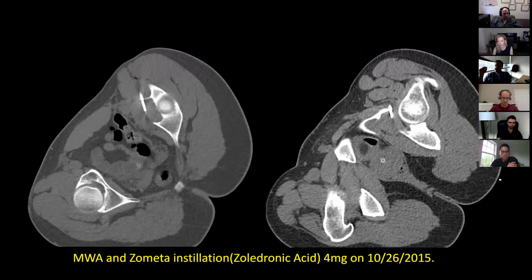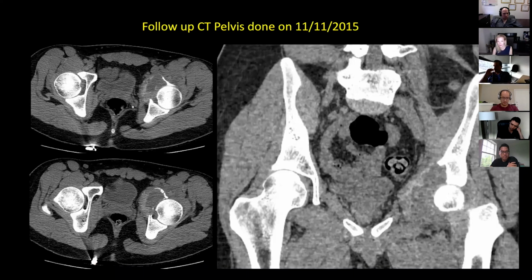So I went in, ablated it just to stir up the tumor, and instilled straight Zometa intralesionally within this acetabular hole. I told the patient to come back within a month. This is a scan we obtained a month later, and lo and behold, I did see some calcification and ossification that had formed at that level.